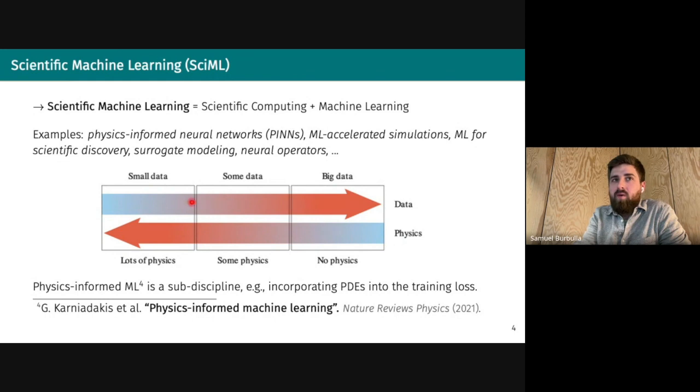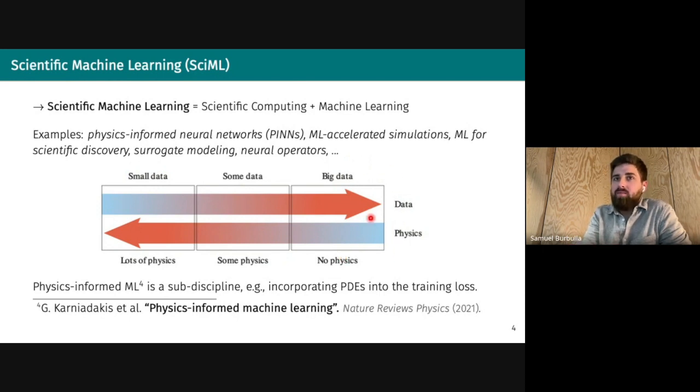So consider we have data of a process, for instance, and we have knowledge about the underlying physics. All of these methods are somewhere in between the small data regime, where we have small observation data but a lot of understanding of the underlying physics, and on the other hand, regimes where we have a lot of data, for instance in the weather modeling scenario, but we have no underlying knowledge of the physics, or limited, or we don't include it.